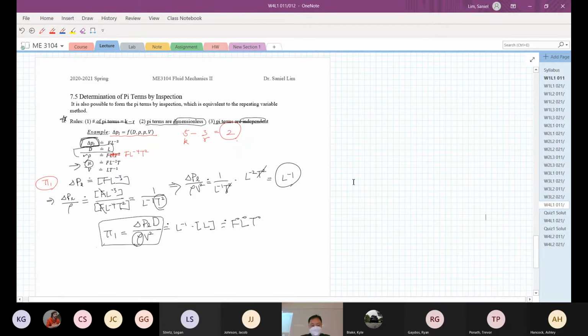All right, let's get into the lecture. Yesterday we finished subchapter 7.5, which is about finding the pi terms by inspection. As long as you follow the 3 rules, you can find the combination of the variables to make all the units cancel to 0, which means dimensionless.